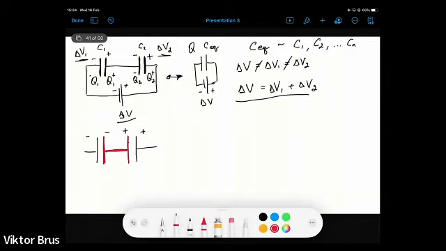So if we have such a case, then initially, before we connected this battery to these capacitors, everything was neutral. We didn't have any charges. Then we connected this battery. We accumulated some negative charge here, some positive charge here. And obviously, oh, sorry, that is wrong polarity here.